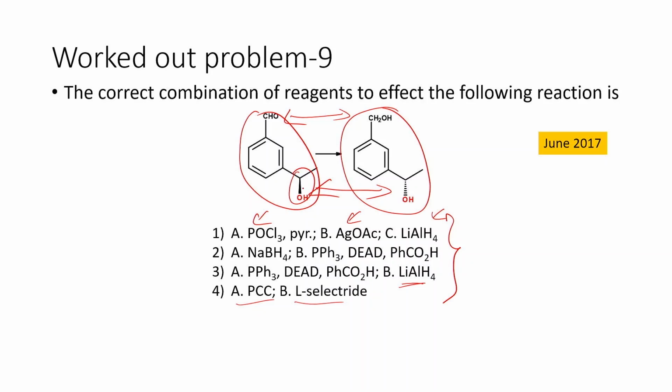If we look at the PCC L-Selectride oxidation, if the hydroxyl is converted to a carbonyl unit and then it is reduced, we may end up with both isomers possible. In other words, unless we use some chiral reagents, simple reduction will not give an enantiomerically or even diastereomerically different compound, because if there is already some chiral center existing in the molecule, we end up with a diastereomeric product.